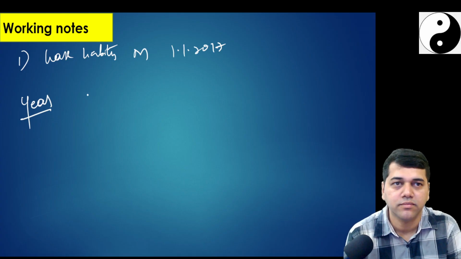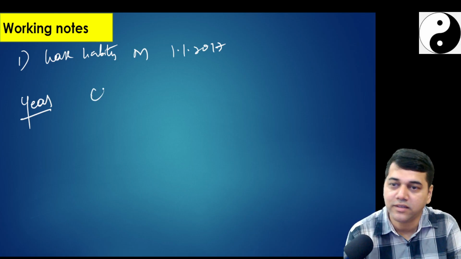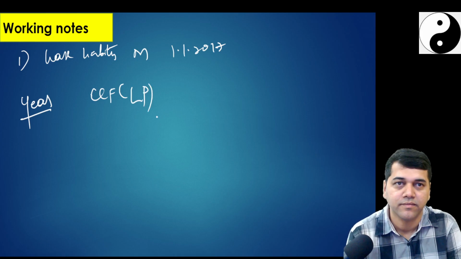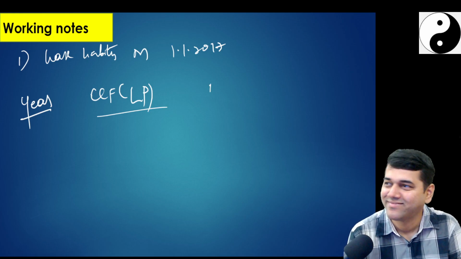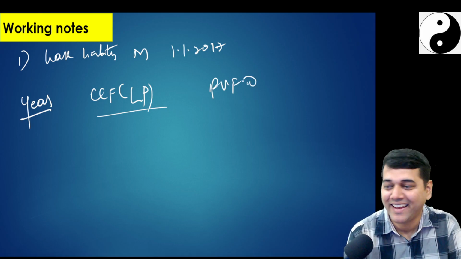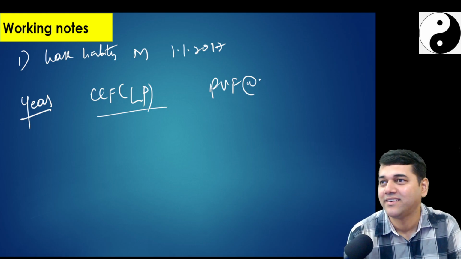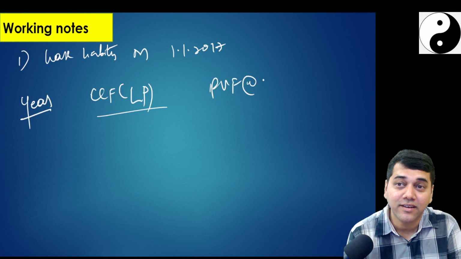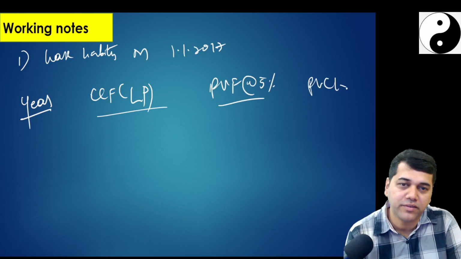Next column: CCF or lease payment. Third: PVF at which rate? 5%. Okay, so I say PVCF.